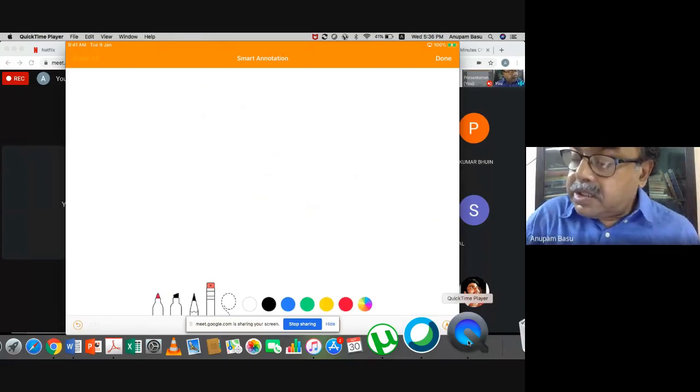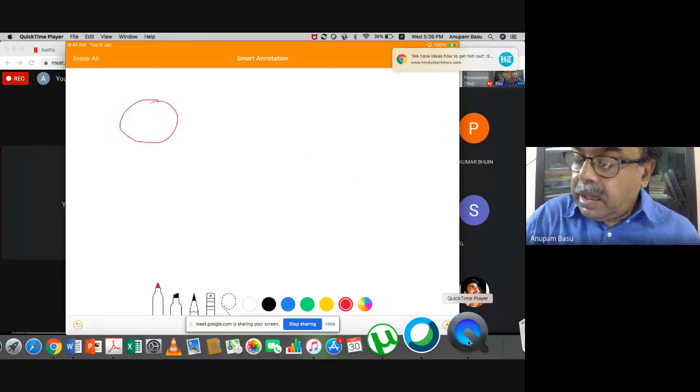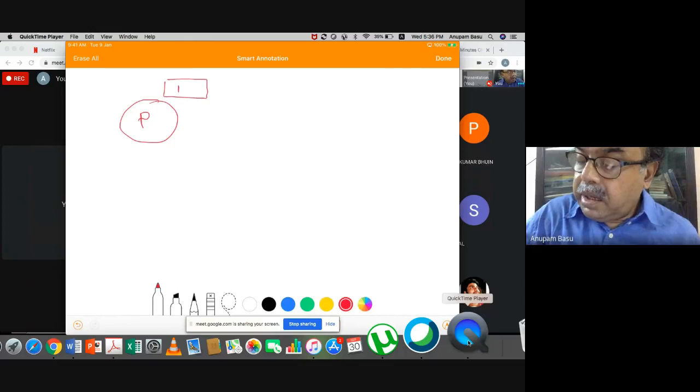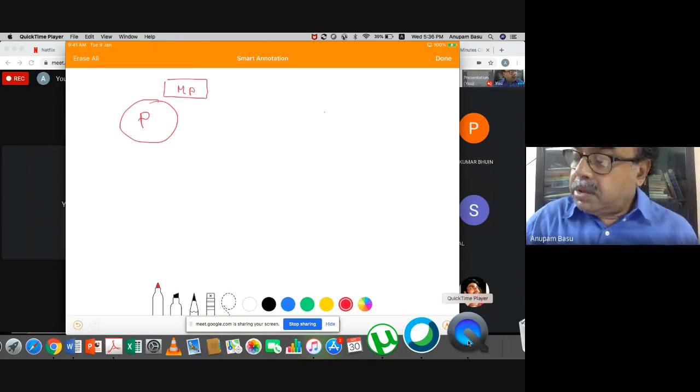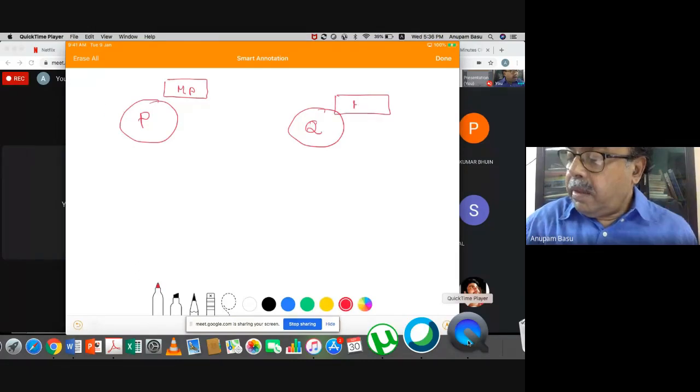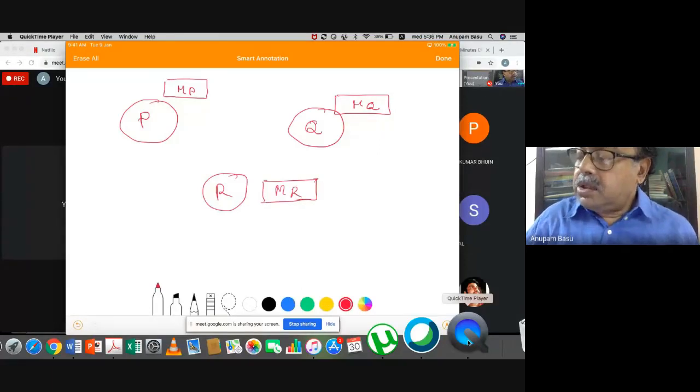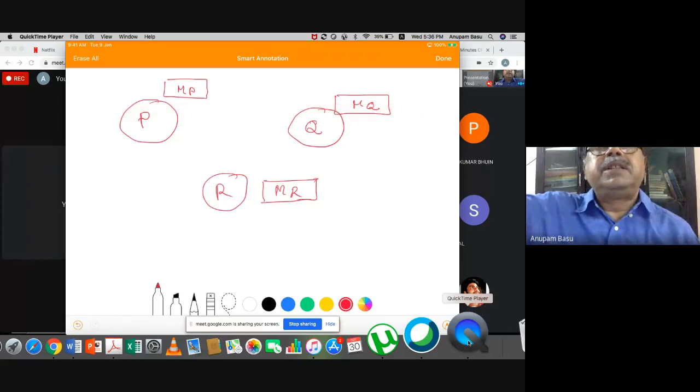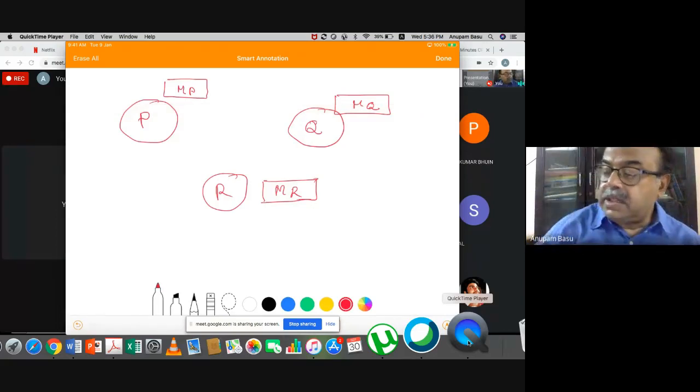In a distributed system, process P has got its own memory, MP, process Q having its own memory, MQ, process R is having MR. So they are all independent, like a distributed system, or when you talk about saving things in a cloud.